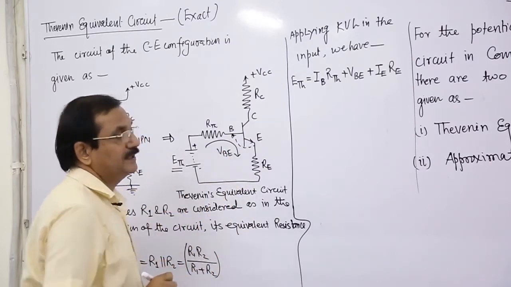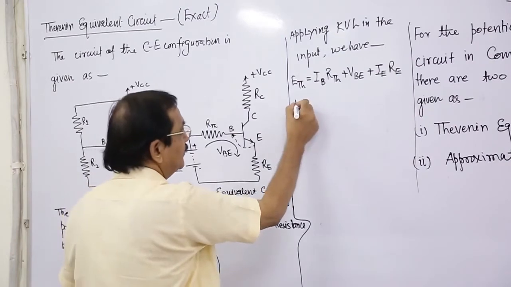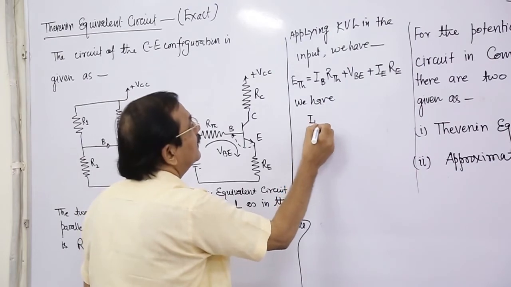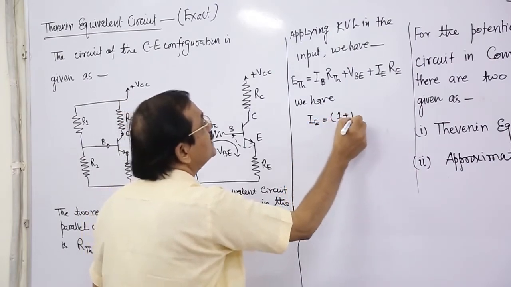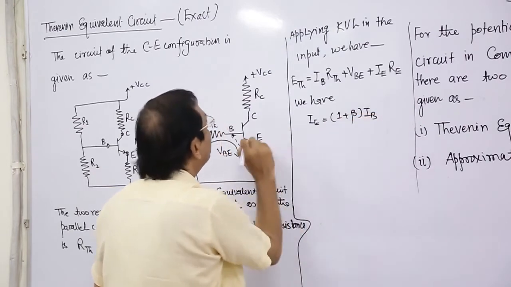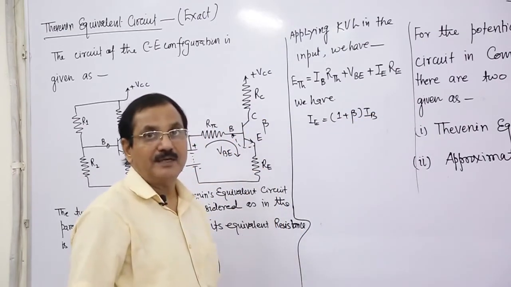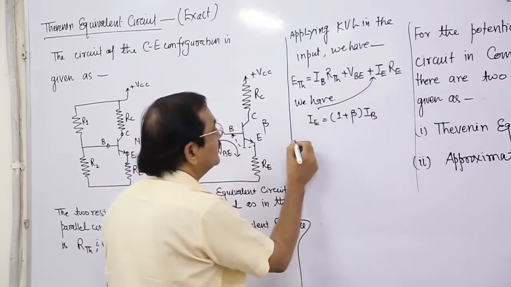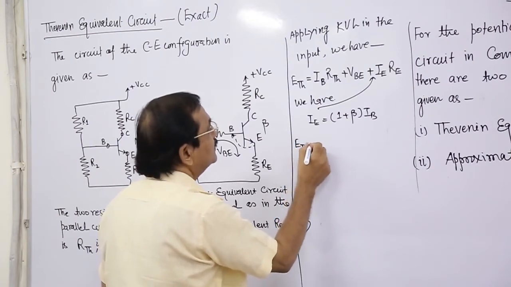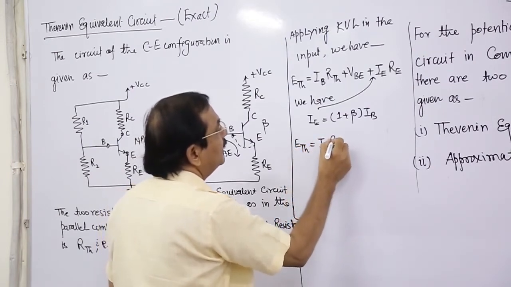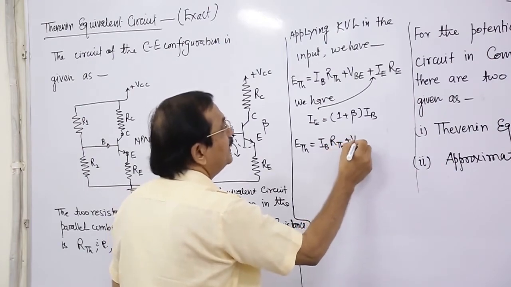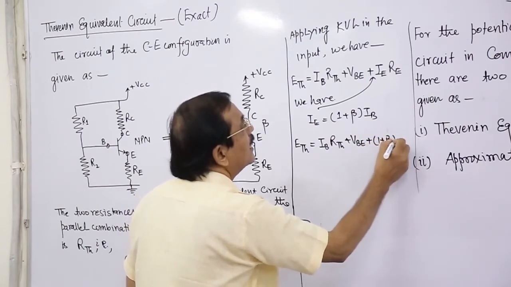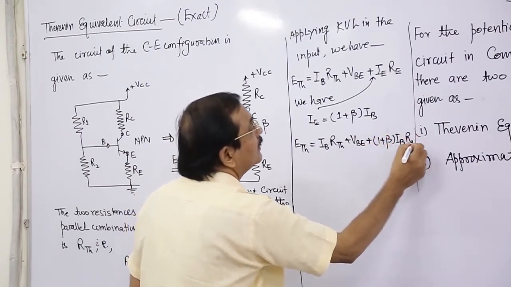We have IE equal to 1 plus beta IB, where beta is the current gain in common emitter configuration. So putting this value of IE, ETH is equal to IB RTH plus VBE plus 1 plus beta IB RE.